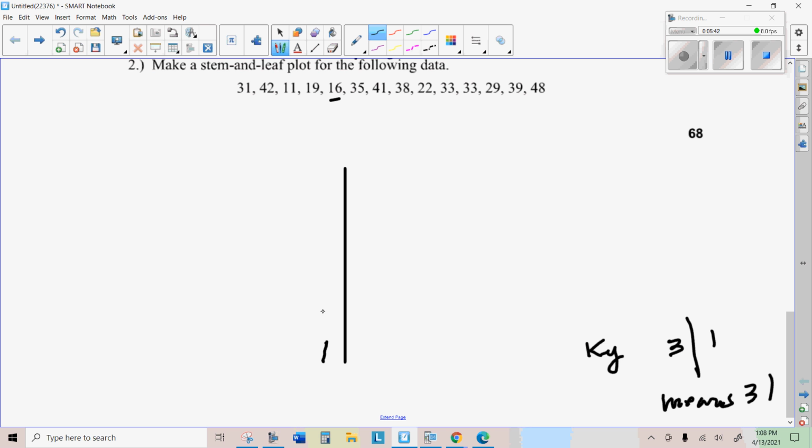Then you have to put every interval in there, whether there are numbers there or not, all the way up to the highest one. So 2, 3, 4. It looks like 4 is the highest. They don't go beyond 4. I'm just going to spread that out a little better: 1, 2, 3, 4. Now just put all the numbers in order, in the 10s, 20s, 30s, and 40s. Go ahead and do that.